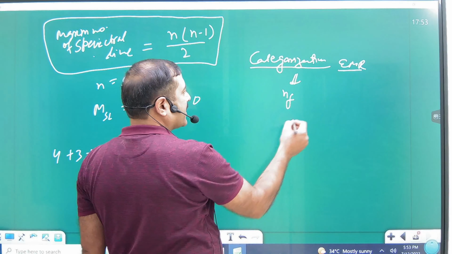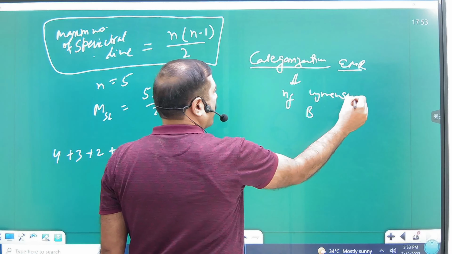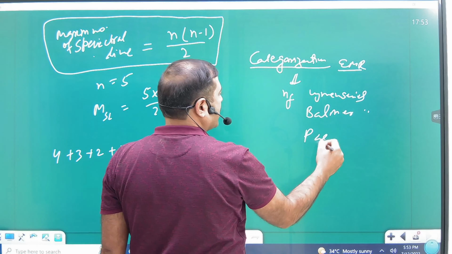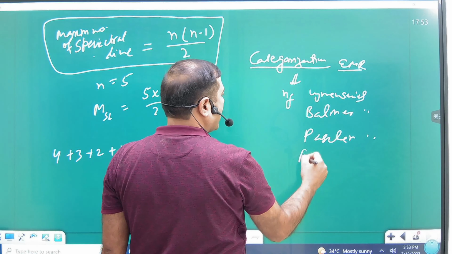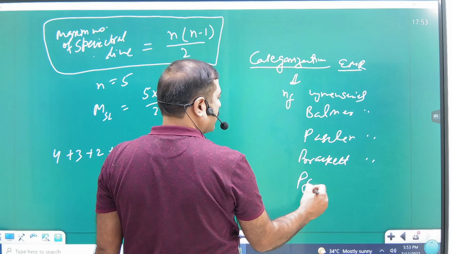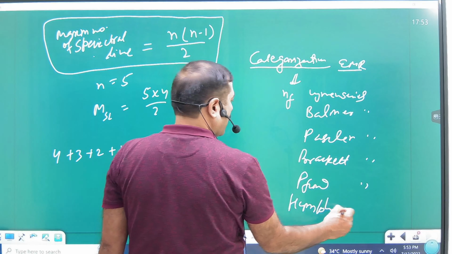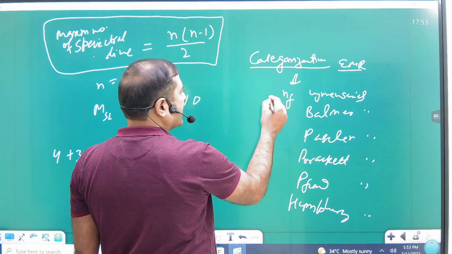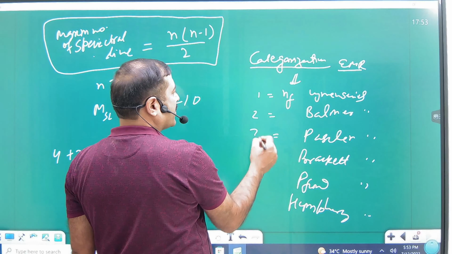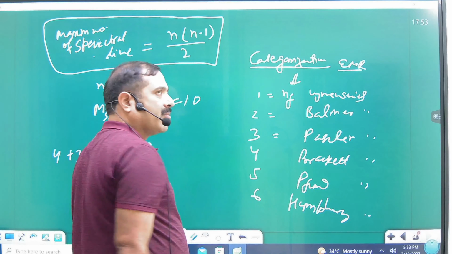On that basis we have the Lyman series, Balmer series, Paschen series, Brackett series, Pfund series, and Humphreys series. Of course, in the Lyman series n final is 1, Balmer series n final 2, Paschen n final 3, Brackett 4, Pfund 5, and Humphreys 6.